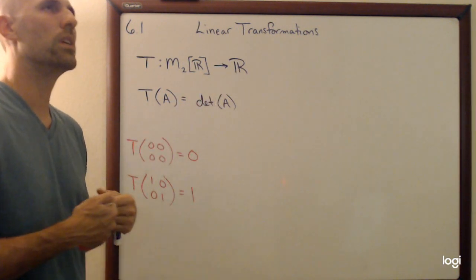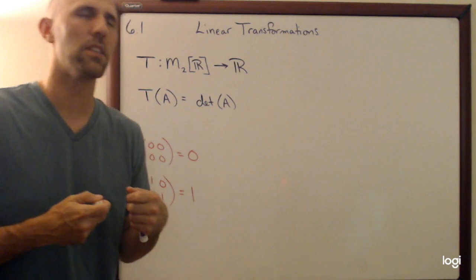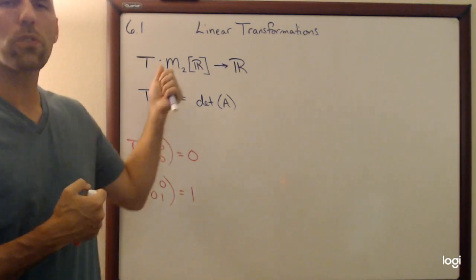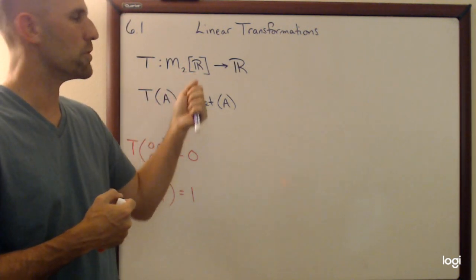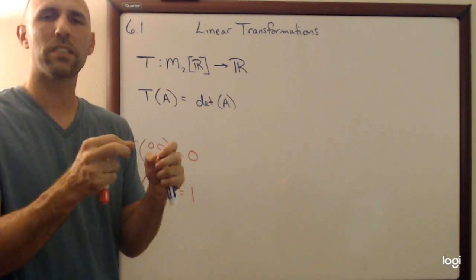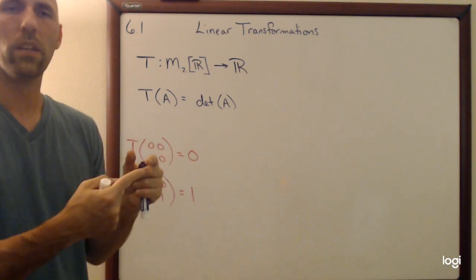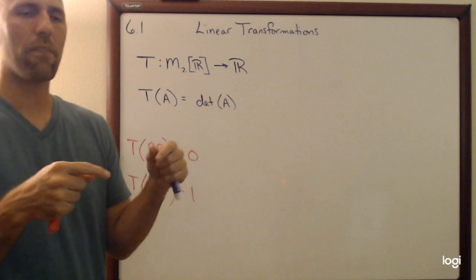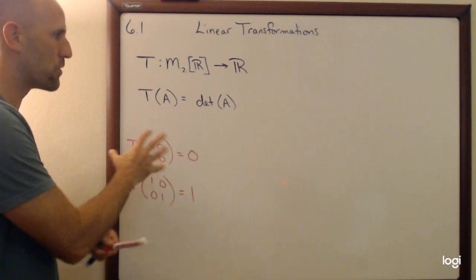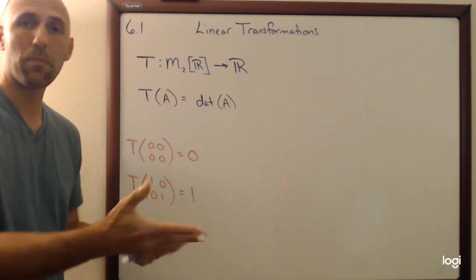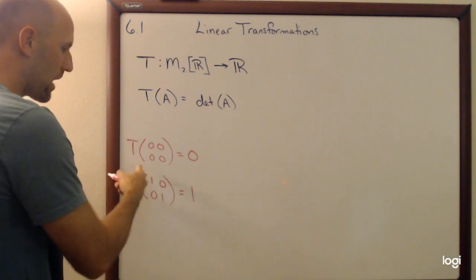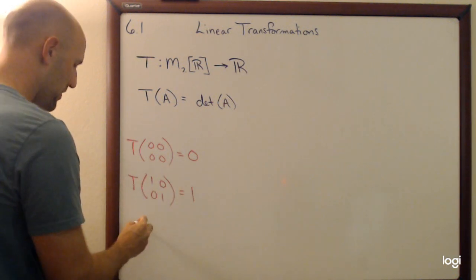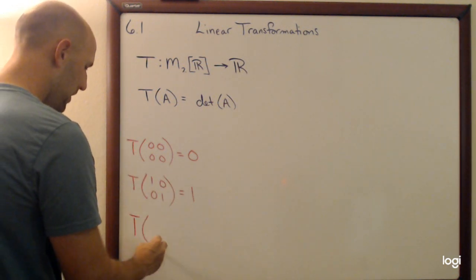So if you can think about it as if there are far too many things in M2 to be mapped nicely as in 1-to-1 with R. I'm going to have to send some matrices from M2 to the same number. For example, not only does this matrix get mapped to 0, but so does this one.